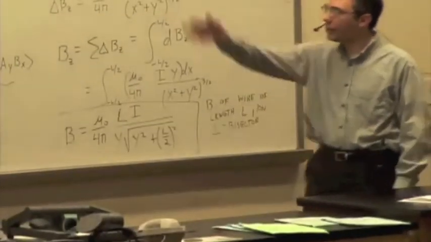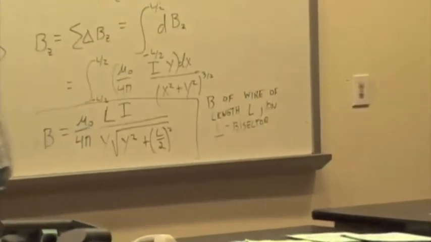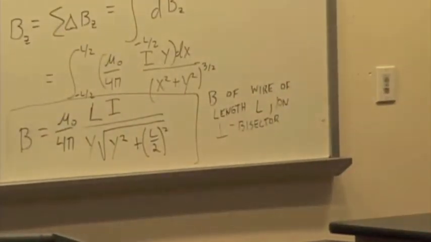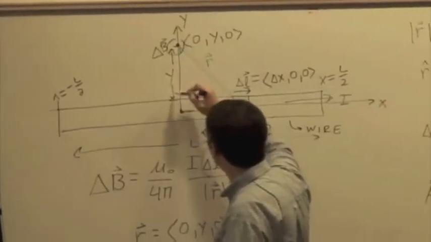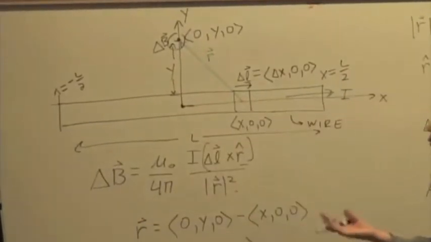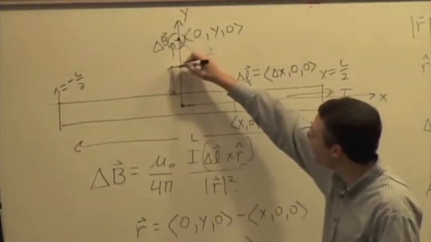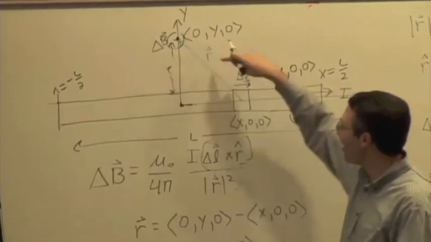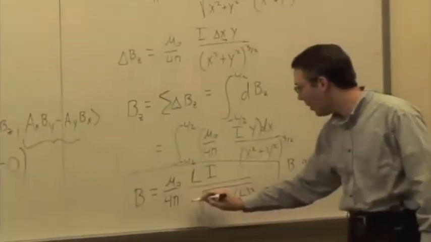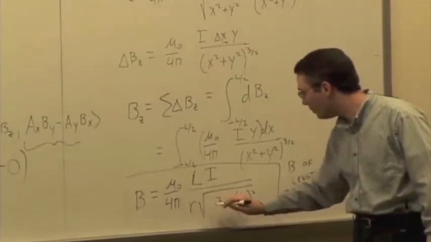A line going through the middle of the wire, at a point a perpendicular distance away of y. Okay, but again, we usually call that distance r as usual, so I just make a substitution. I'm going to call this r instead of the vector r now, and so this becomes r, and this becomes r squared. Okay.